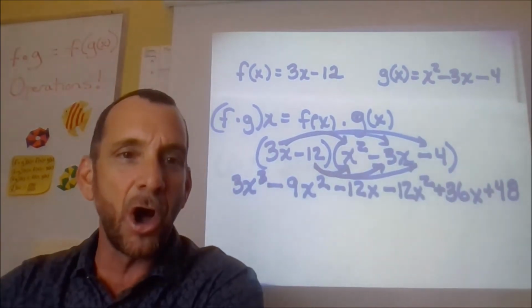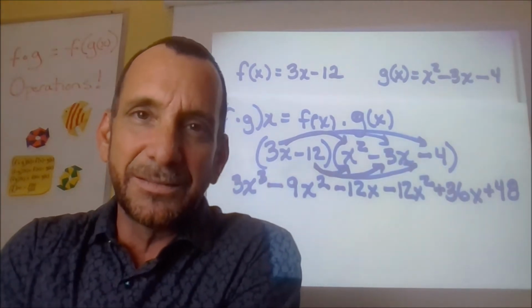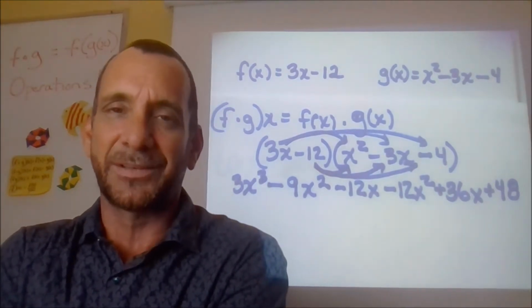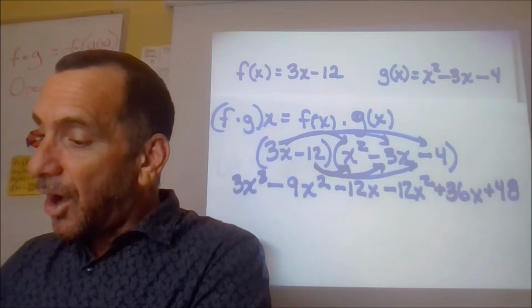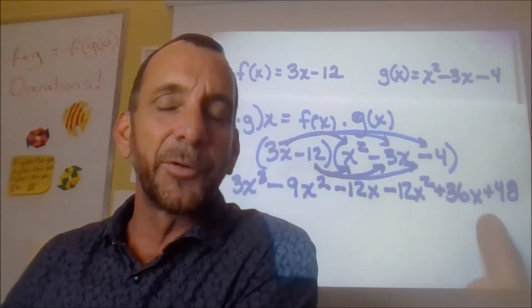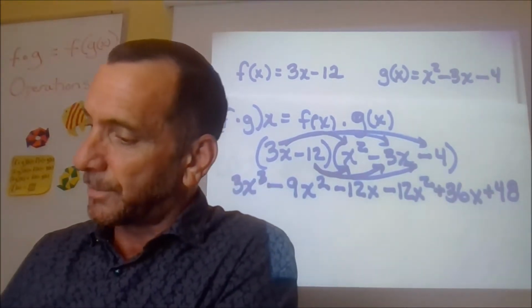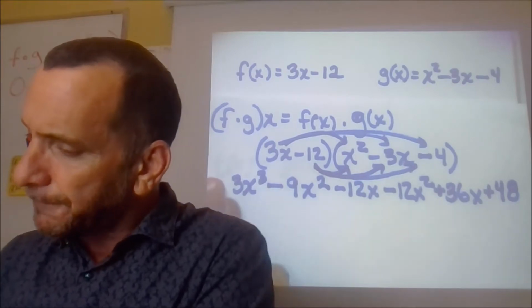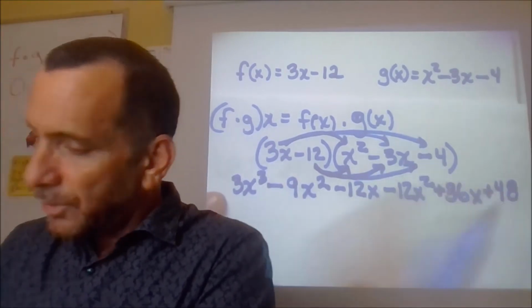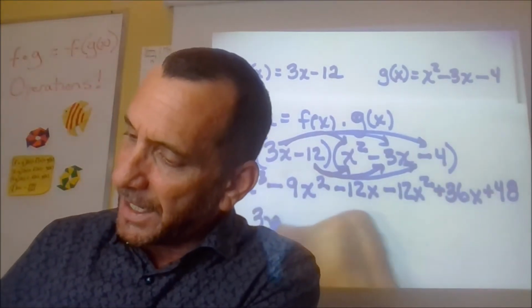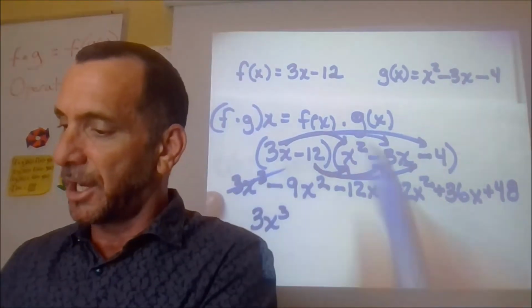We've got this long, seemingly daunting expression, but really it's not, because all we have to do is be very careful and combine the like terms. I'm just going to say, okay, 3x cubed, only one of them, 3x cubed, done.